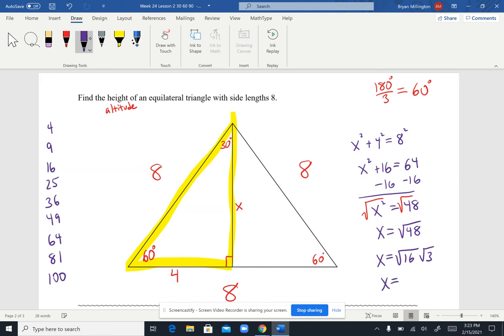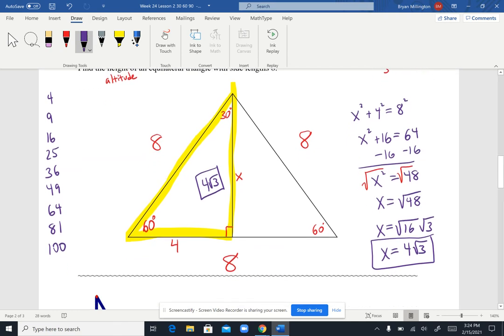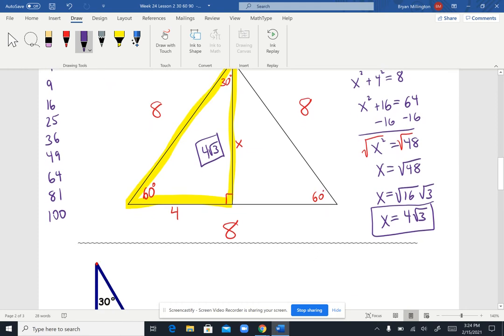The square root of 16 is 4. It gets to come out of the house because it's a nice perfect square. 3 is messy, so it's got to stay in the house. So 4 root 3 is the length of the height. 4 root 3. Okay, so we have 4 root 3, and then 8. You might see a relationship there, a pattern, but let's see if that holds up with some other ones.